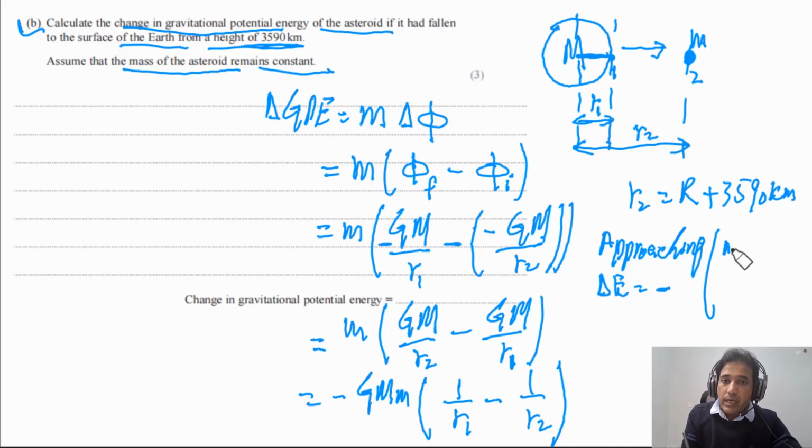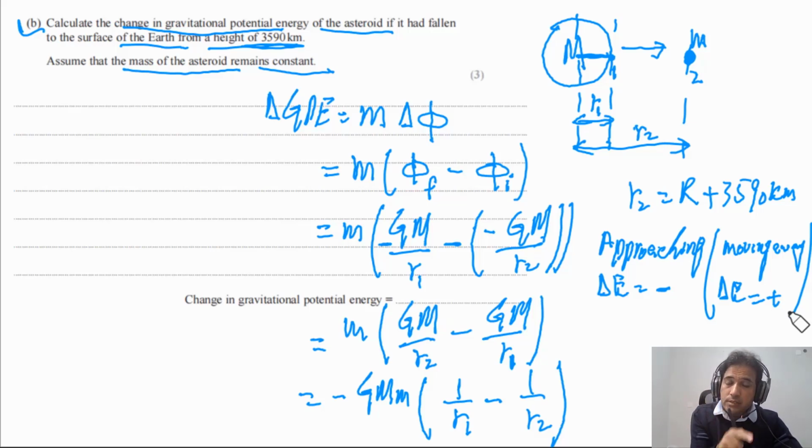And if it is moving away, change in potential energy has to be positive. In this case, as it is approaching, the potential energy is decreasing, so it has to be negative. It's the same as, for example, if this is the planet and this ball goes away, the change in potential energy is positive.